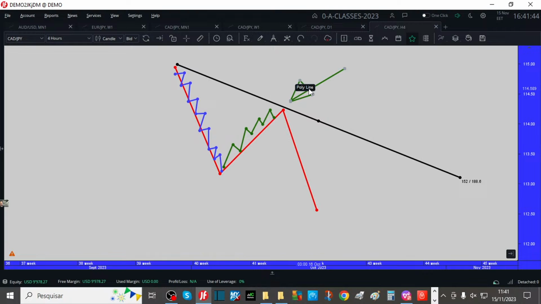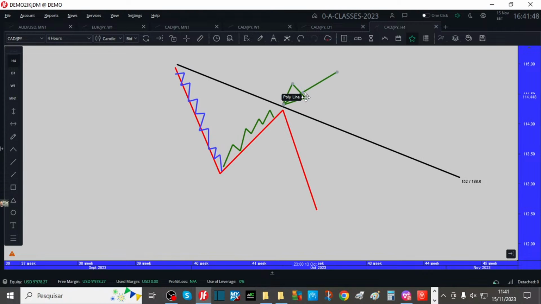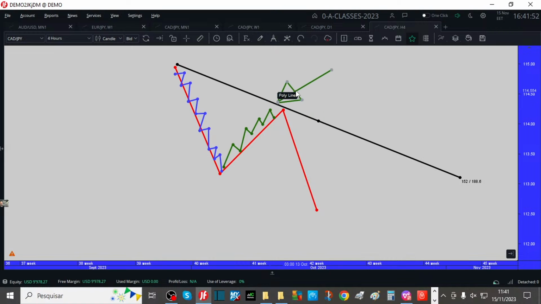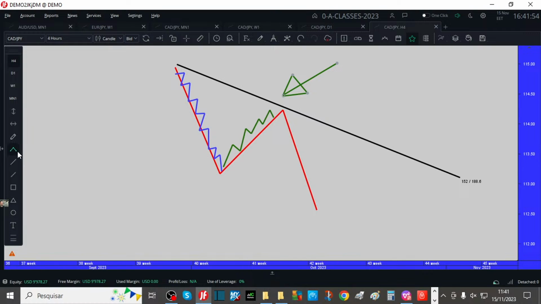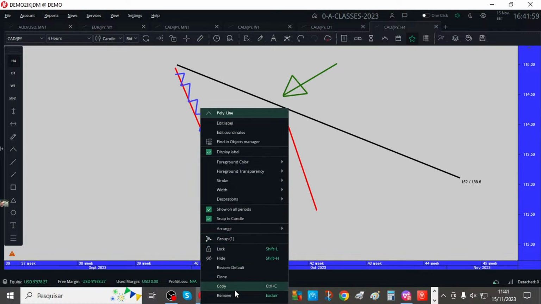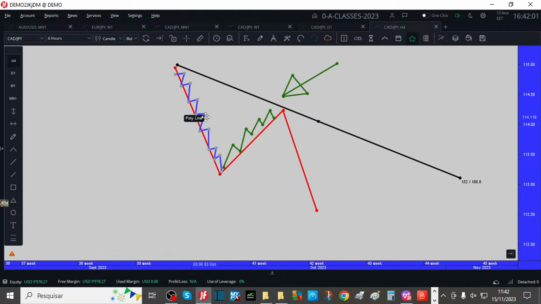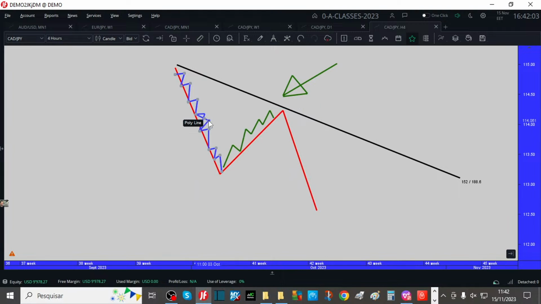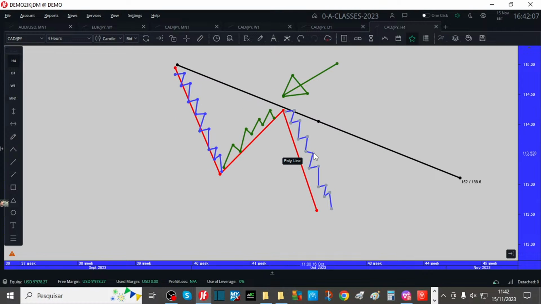Does this make sense? If you buy in here, you are doing something that is probability-wise extremely risky, because this uptrend is how the market moves, right? Our first 10 lessons are about understanding how this market works.